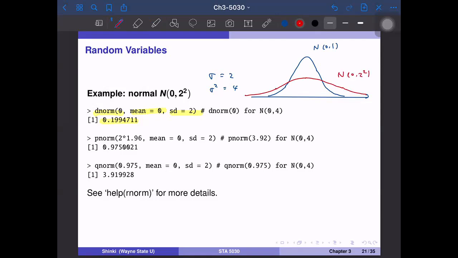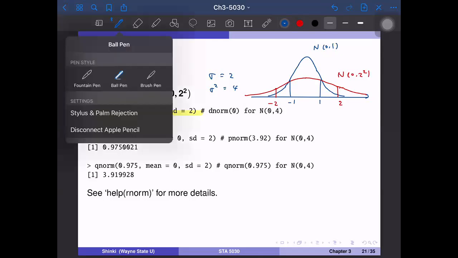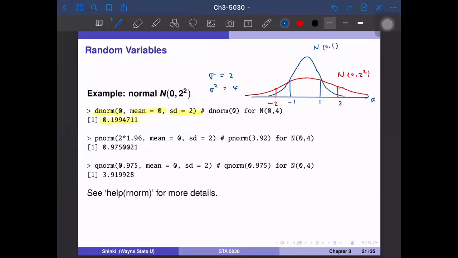Okay, so this is normal 0, 2 squared. So the inflection points for the blue one are 1 and -1, but for the red one, -2 and 2. So we see standard deviation is 1 here, but for the red one, 2. But remember that the density function makes the area of 1. So the area between the density curve and the x-axis is 1. So if it's twice as wide, it should be lower.